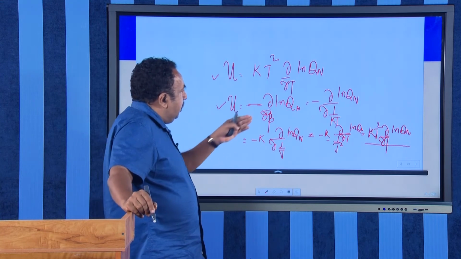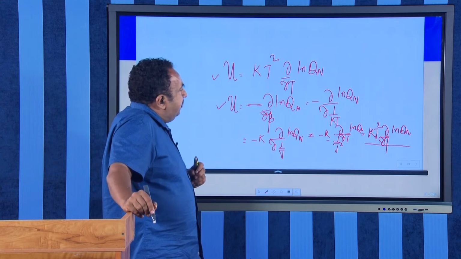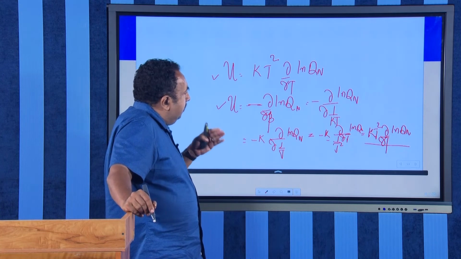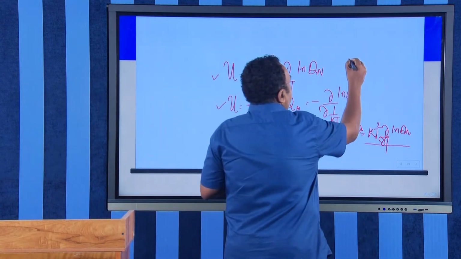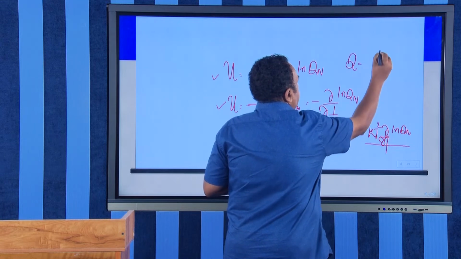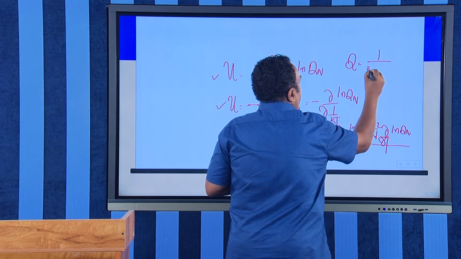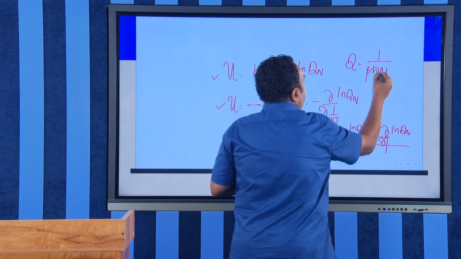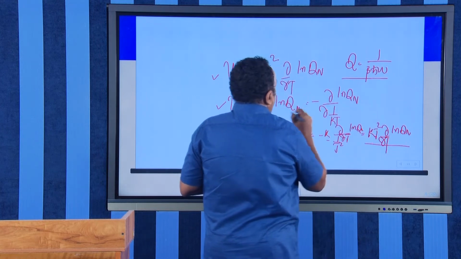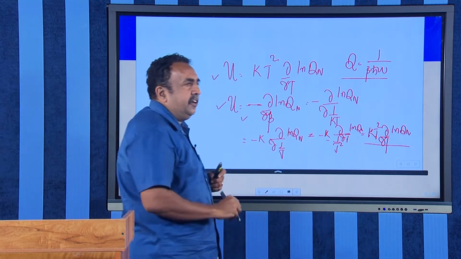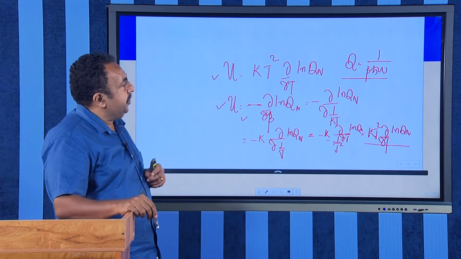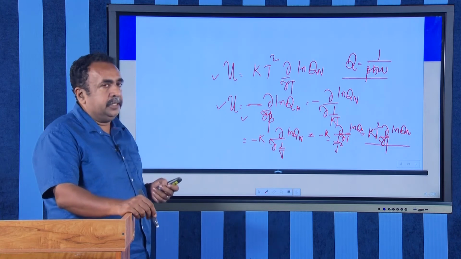Sometimes the partition function may be expressed in the form of beta. For example, the partition function for a harmonic oscillator, later you will see, is equal to 1 by beta h cut omega. Therefore, it is very easy. If you want to find the internal energy, you can directly differentiate with respect to beta and immediately obtain the internal energy.